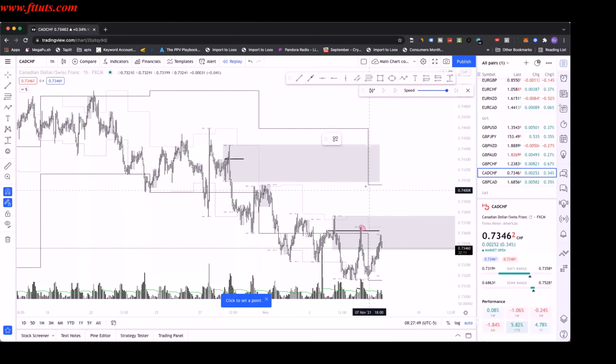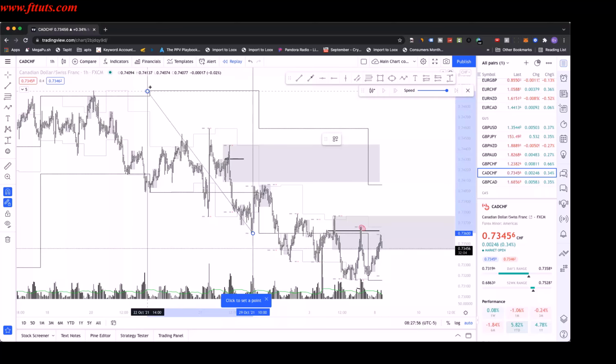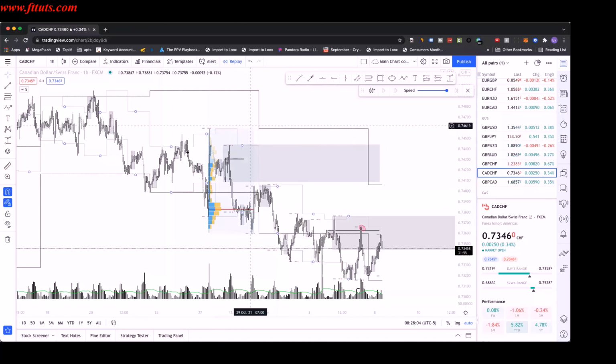So this previous week, I used the previous week's low to the previous week's high, which is over here, but I'm just going to do it from this area, or sorry, this area. But I want that whole week.